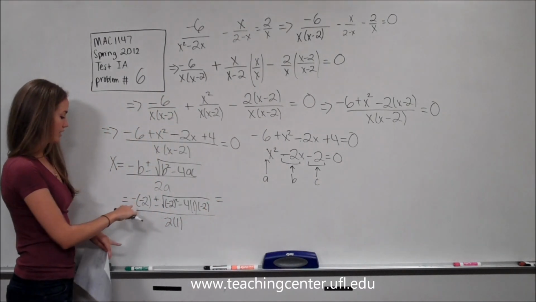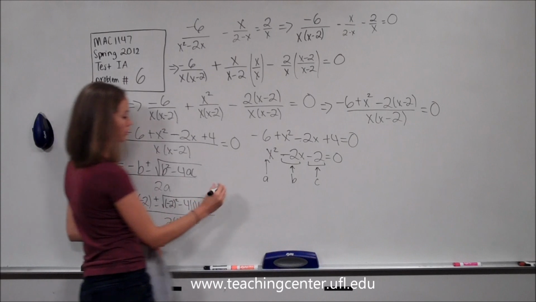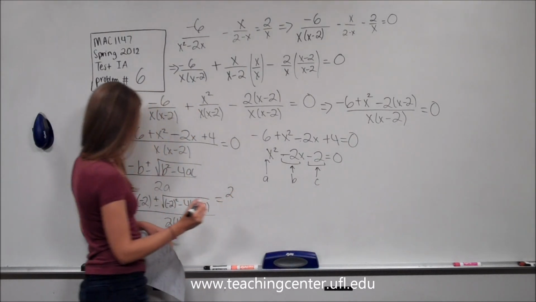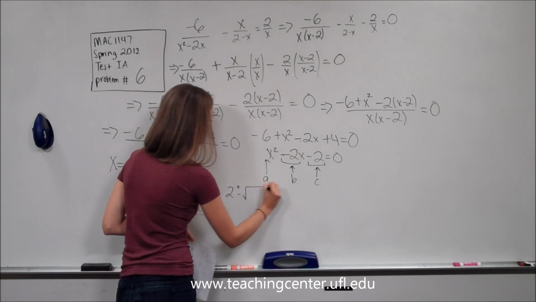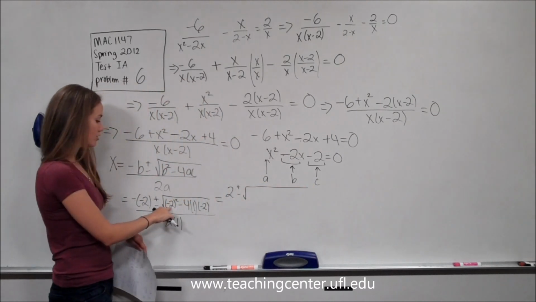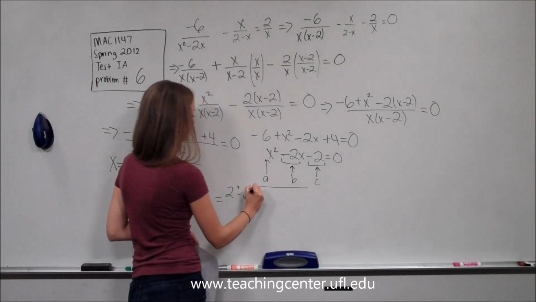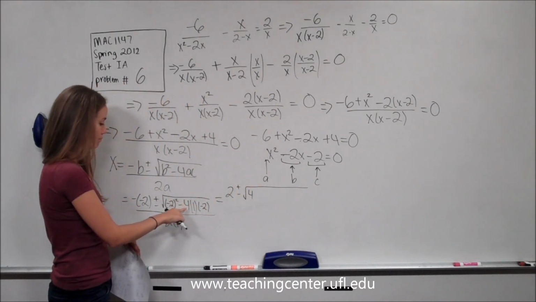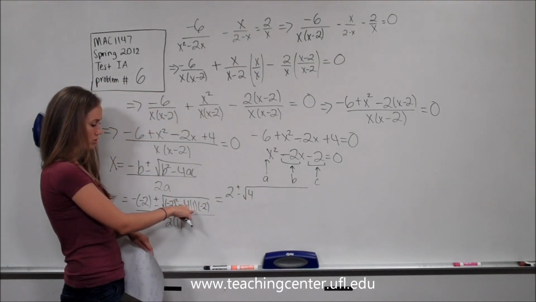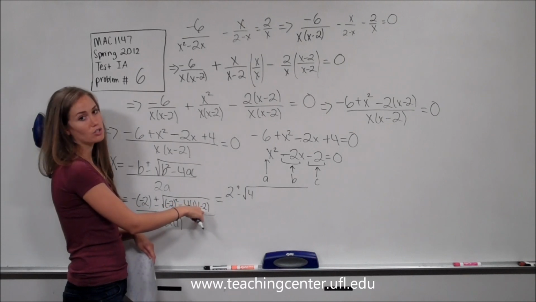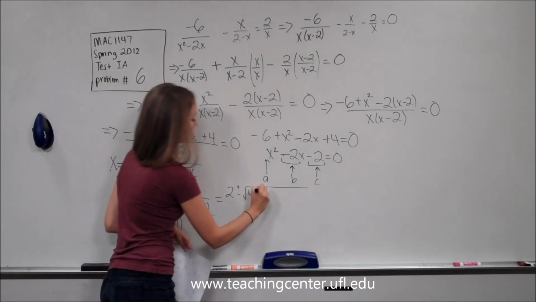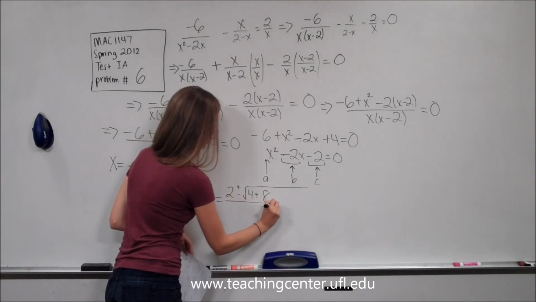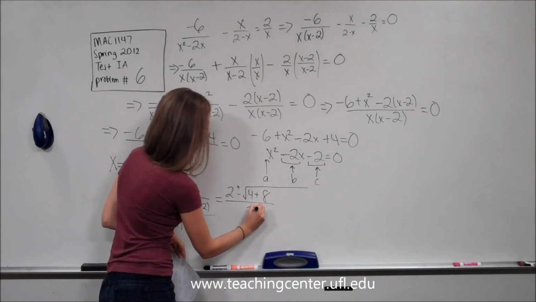Okay, so we can simplify this. Negative negative 2 is just equal to positive 2. And then plus or minus the square root of negative 2 squared, which is just 4. And then we have minus this 4 times 1, which is just 4, 4 times negative 2, so negative 8. So minus a negative 8 is just plus 8, all over 2 times 1, which is just 2.